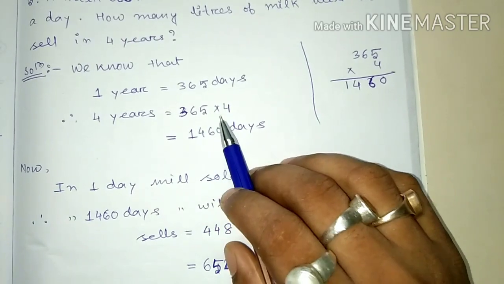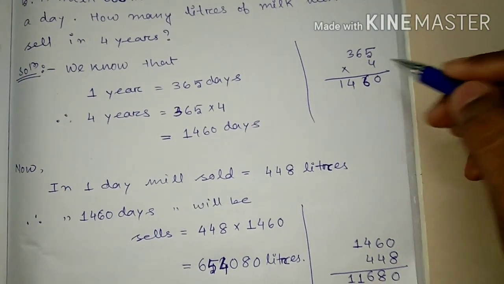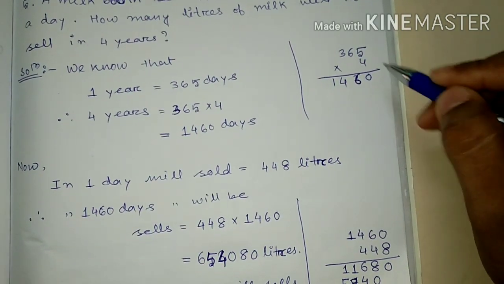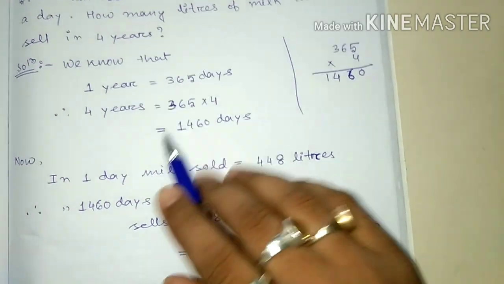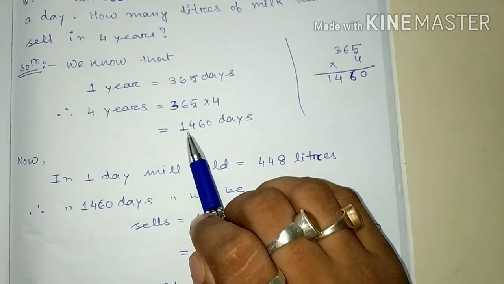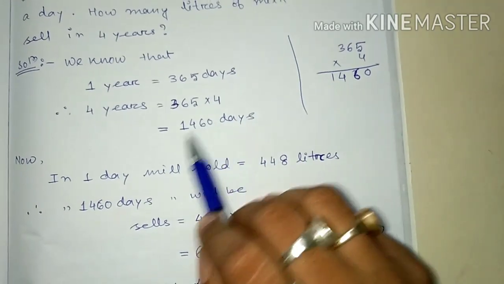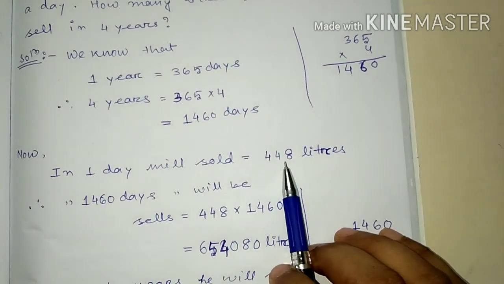So you multiply this. 4 5s are 20, and in your hand 2, 4 6s are 24 plus 2 is 26. In your hand is 2, 3 4s are 12 plus 2 is 14, means 1460. So in 4 years you get how many days? 1460 days. Okay, now in 1 day milk sold is equal to 448 liters.